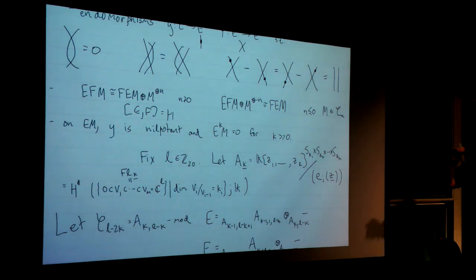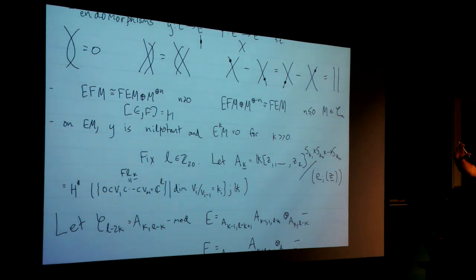So I break my variables up into blocks, and I assume that my polynomial is symmetric under permutations inside those blocks. And then I mod out. So that's the elementary symmetric functions of the full alphabet.